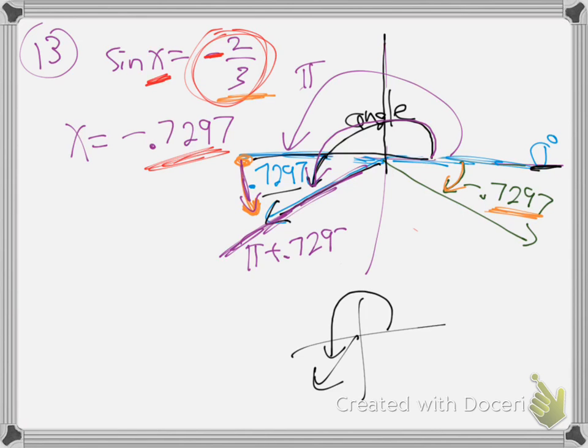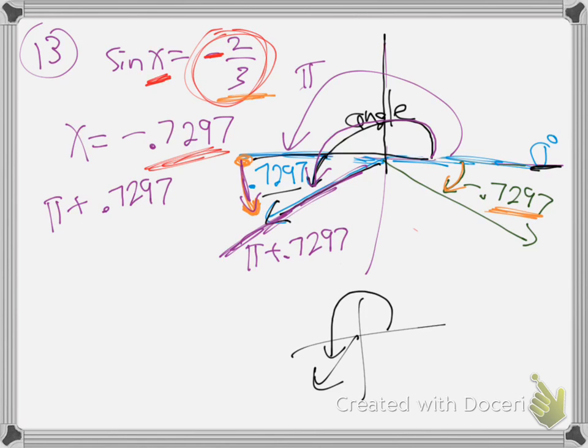Pi plus 0.7297. Does that make sense? Because halfway is pi, right? To get to here is pi, and then 0.7297 more. So it's pi plus 0.7297. So the other answer is pi plus 0.7297.